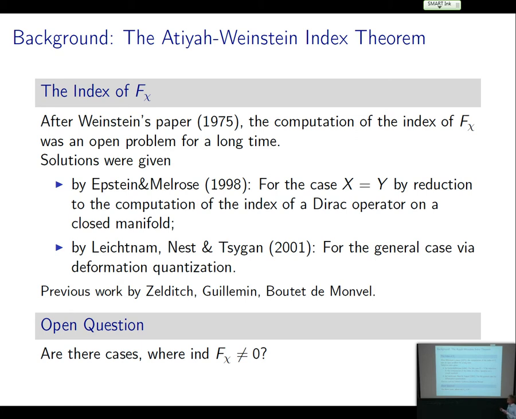What they did is they reduced this to the computation of the index of a Dirac operator on a closed manifold and used the Atiyah-Singer index theorem. And there was a second solution given for the general case a little bit later by Leichner, Nest, and Zigan, who did this in the framework of deformation quantization, in the spirit of the algebraic index theorems.